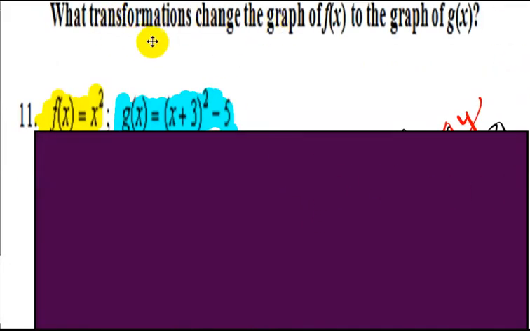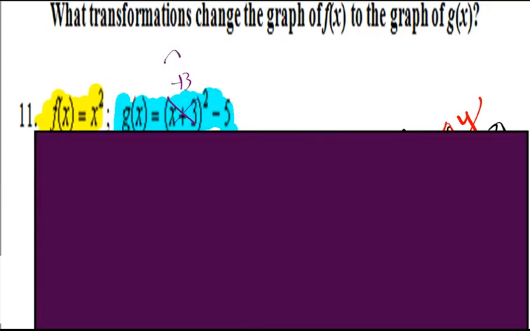Number 11 says, what transformations change the graph of f of x to the graph of g of x? So f of x, we have x squared. And g of x is equal to x plus 3 squared minus 5. So we see that original formula, this would be our x squared. So what did we do? We have done a plus 3.